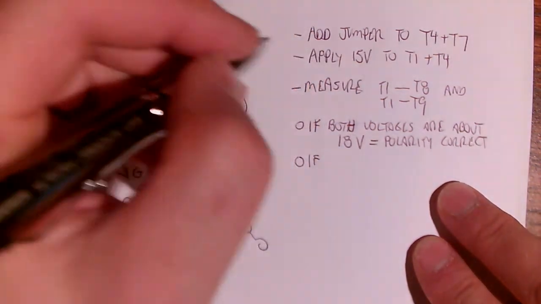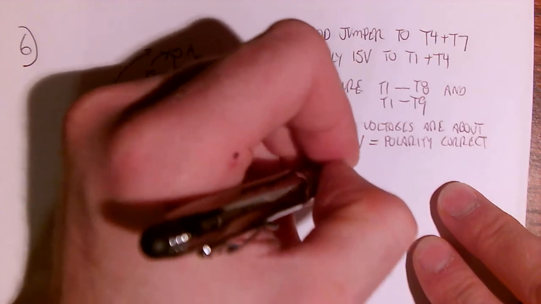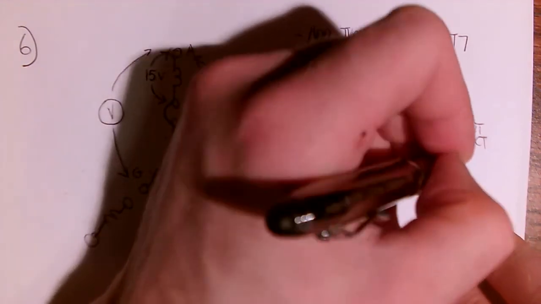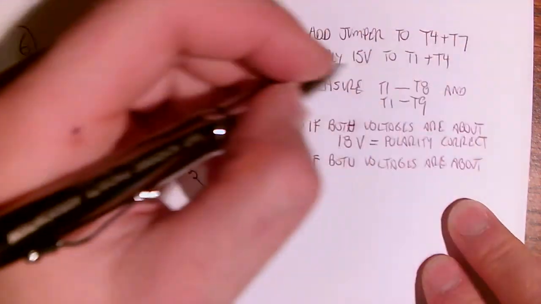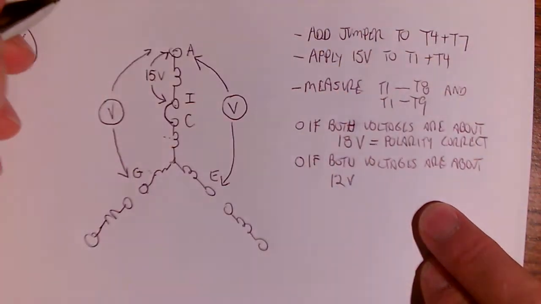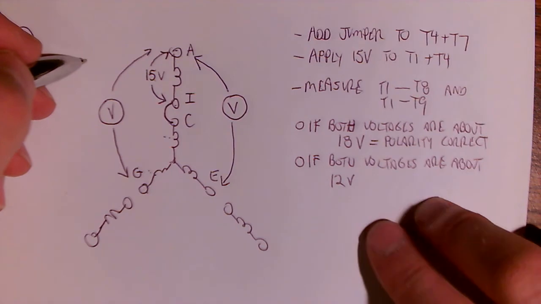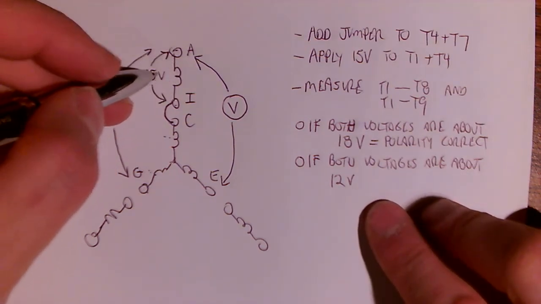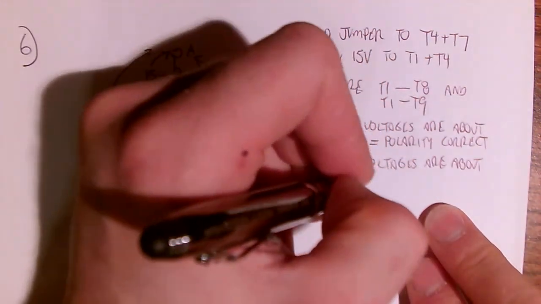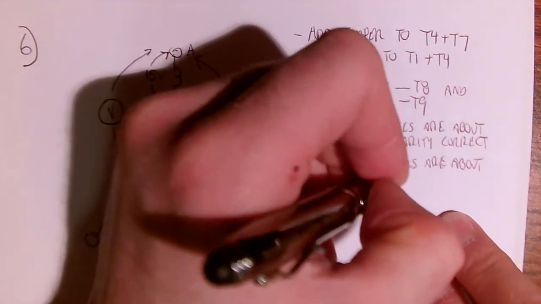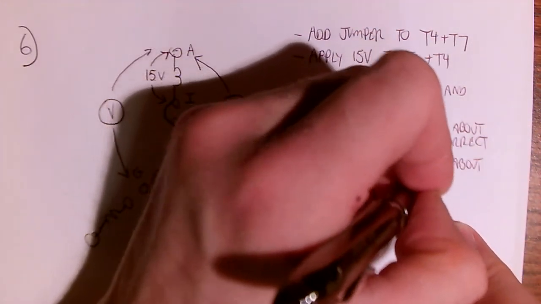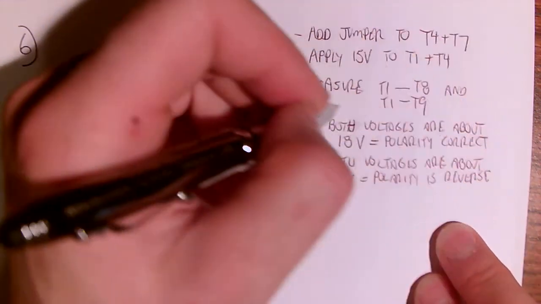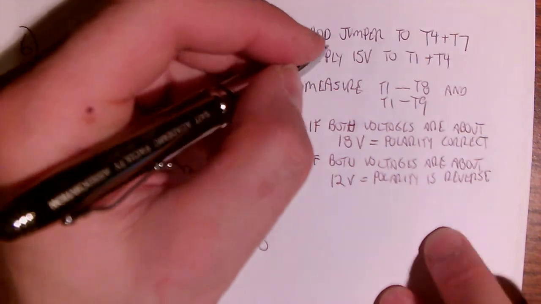Because, well, we'll get to that. First of all, let's do if it's subtractive. So if both voltages are about 12 volts, and you can see the 3-volt difference again, but now it's because this is flipped around, then polarity is reversed. And then what you do is interchange the letters.